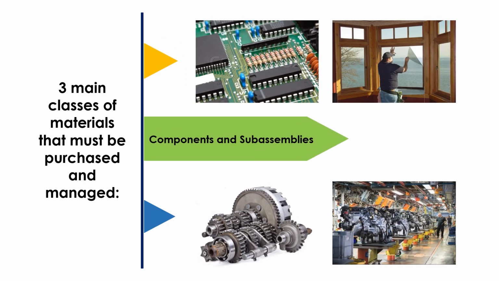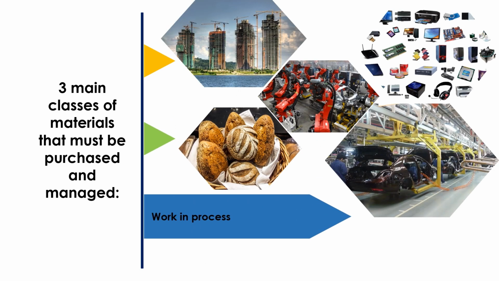Second are components and sub-assemblies. These are composed of raw materials that have already experienced value adding. Next is work in process. This can be stored and eventually shipped as finished goods.